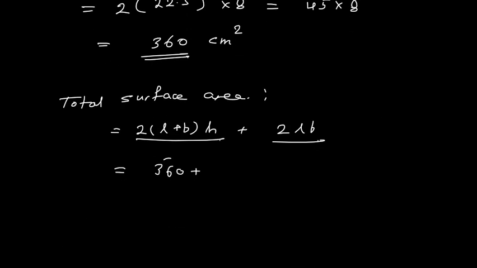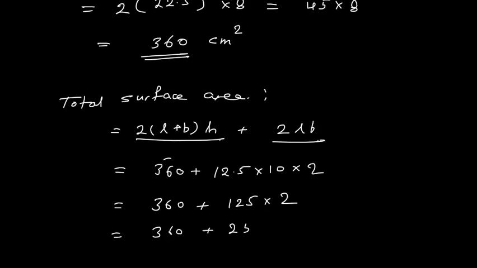Length is 12.5 into 10. Now 2 times, so into 2. So this is 360 plus 125 into 2. So 360 plus 250 is equal to 610. This is 610 centimeter square. Okay, this we can consider third, this we can consider fourth.